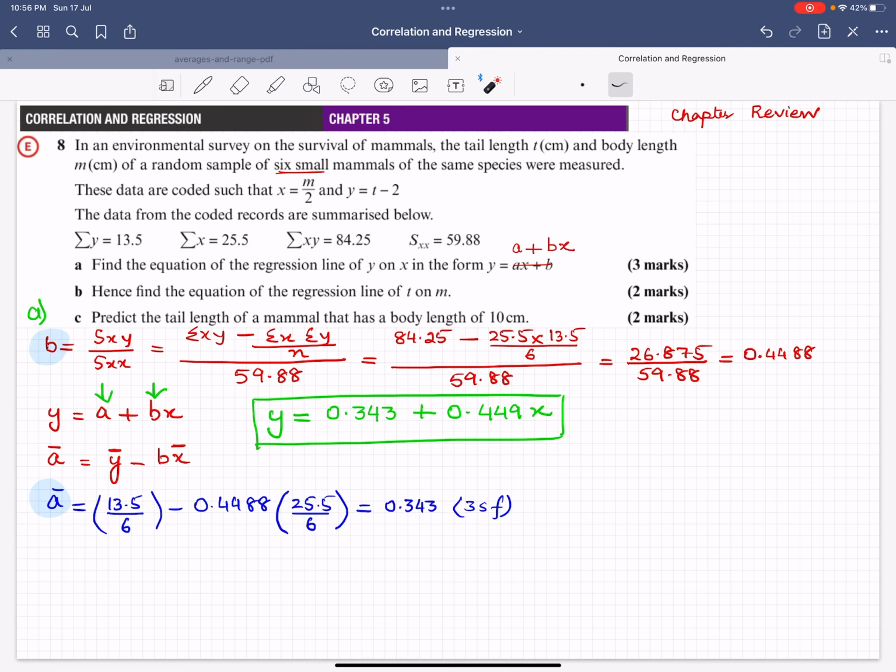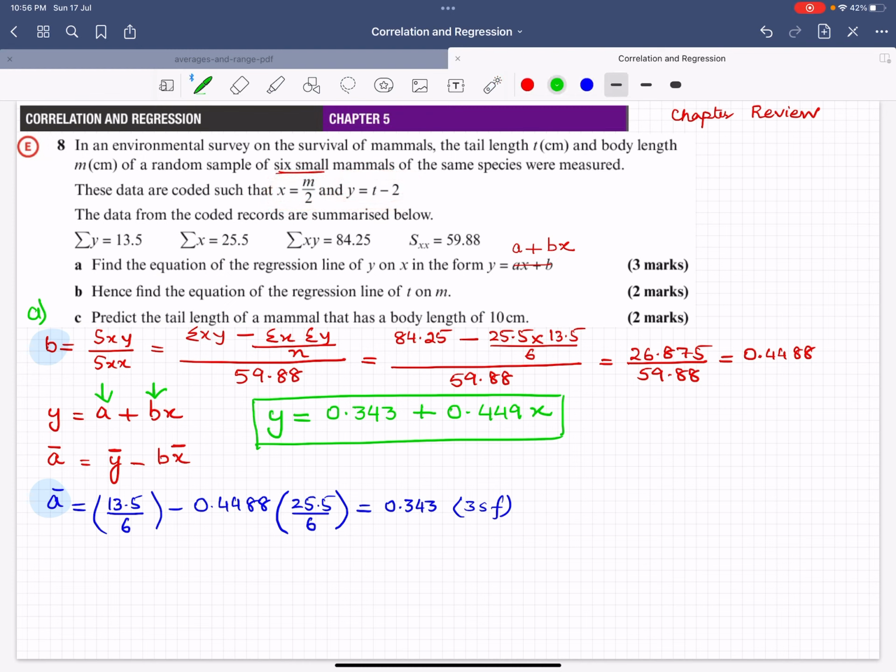What is the relation? x is equal to m by 2 and y is equal to t minus 2. So we will use the answer that we have found. For x, we will substitute x is equal to m by 2, and for y, we will substitute y is equal to t minus 2, taking these values from the coding. We will substitute in the next step.